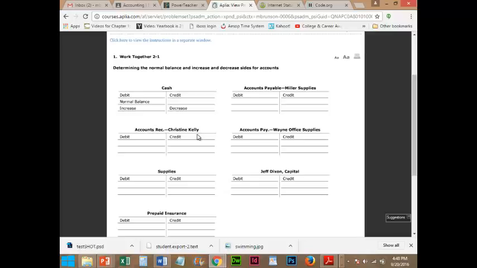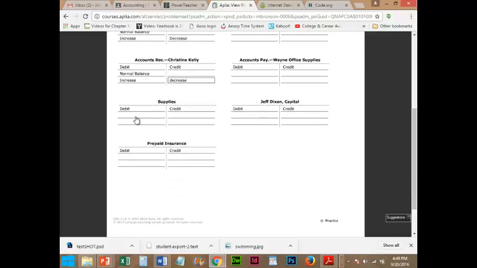Accounts receivable, also an asset. So we know that it also has a normal balance on the debit side. It's going to increase with debits and decrease with credits. Supplies, also an asset. Exactly the same.